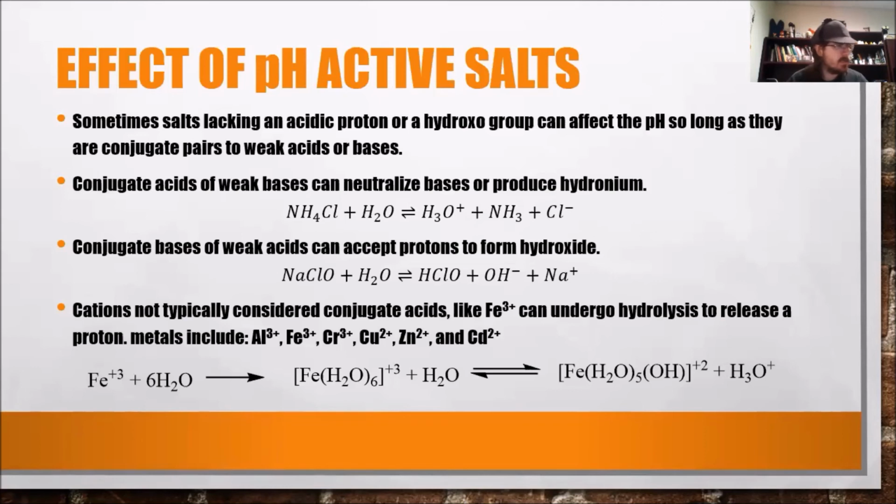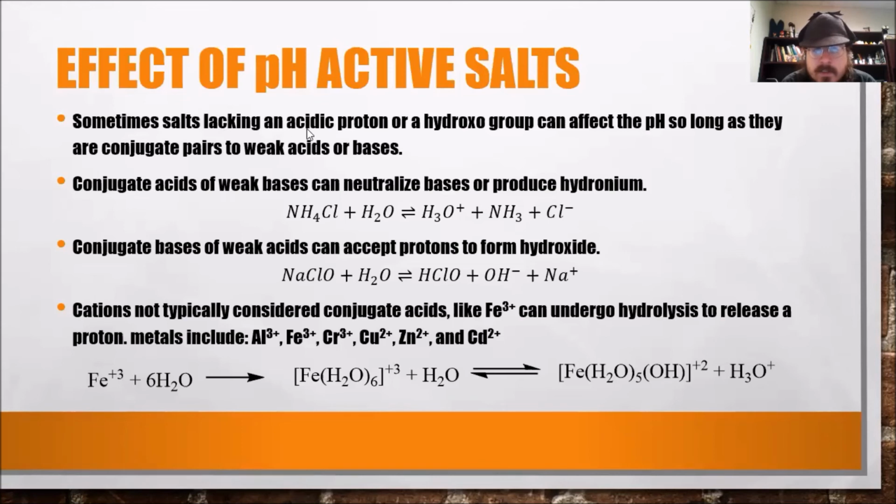So if I dissolve, say, sodium acetate, you've just created a salt that is the conjugate base of a weak acid. And so that's going to actually affect the pH, even though you don't always realize it.